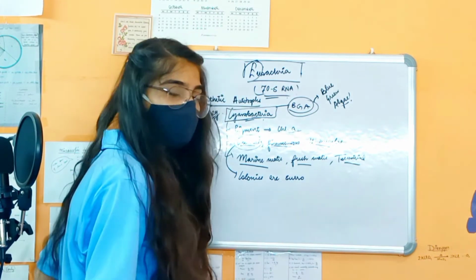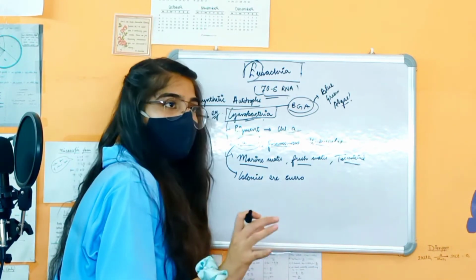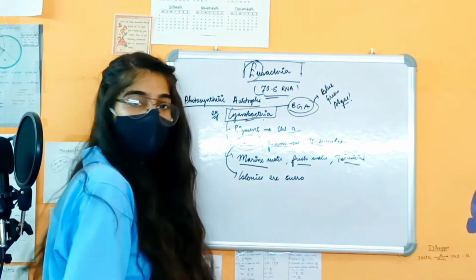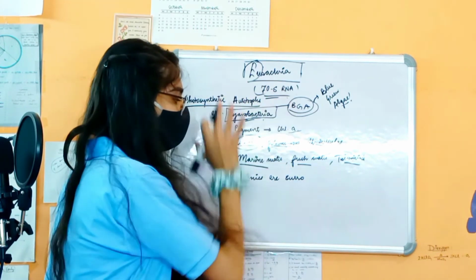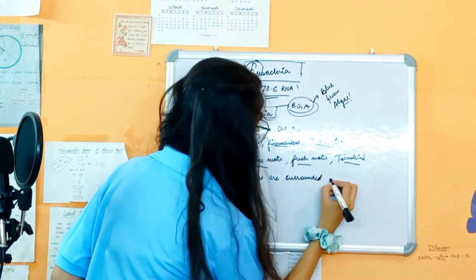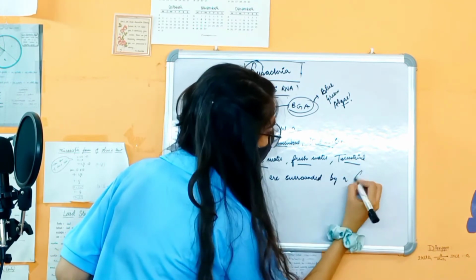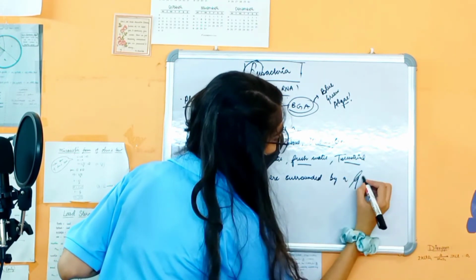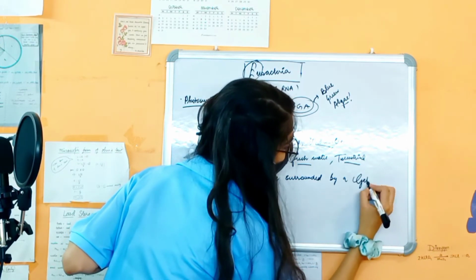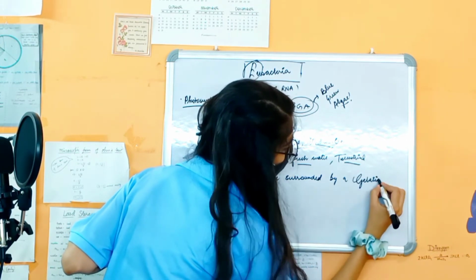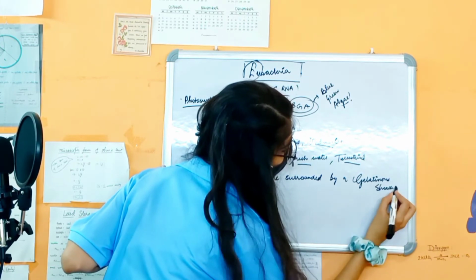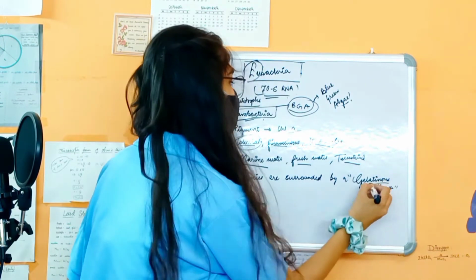If you have studied NCERT, you have seen the diagram of nitrogen fixing heterocysts, in which the gelatinous sheet surrounds everything.